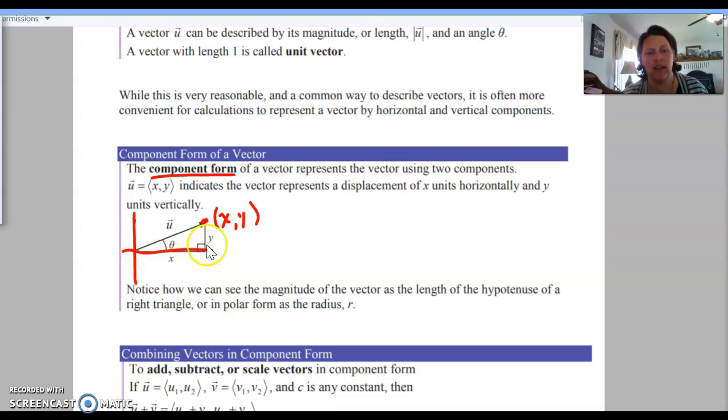So we go over x units, up y units, and the component form, sorry, those need to be pointy arrows. Yeah, like that. Okay, so that's how we denote that it is a vector, by not using parentheses, but kind of an angled parenthesis. Okay, and that is what we call the component form of a vector.